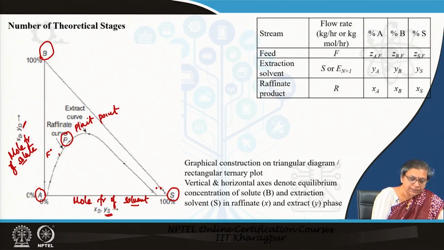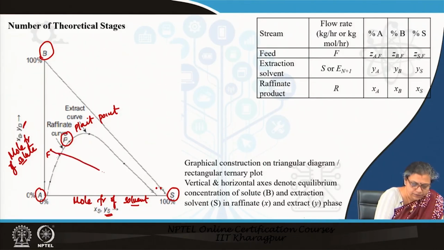Now, I had already mentioned last time, when we were discussing the ternary plots while discussing the equilibrium considerations, that if you join this particular point F to S, then the mixture point is going to lie on the straight line joining F and S. With more solvent, the mixture point keeps on shifting here; with lesser amount of solvent, the mixture point is towards here.